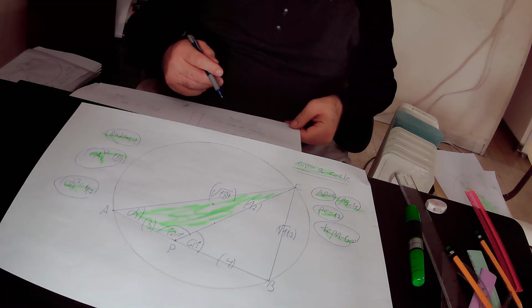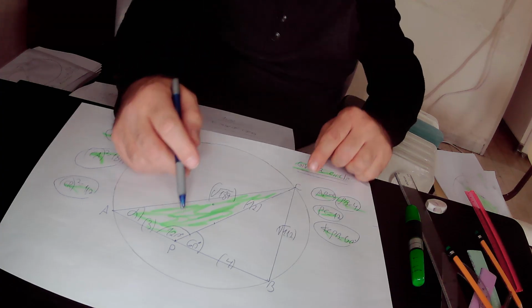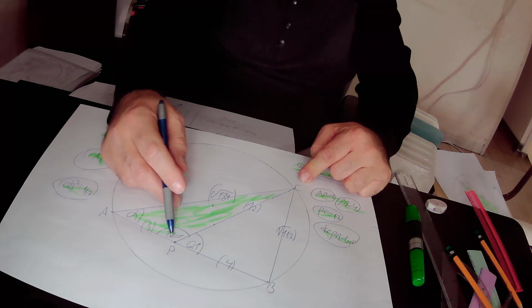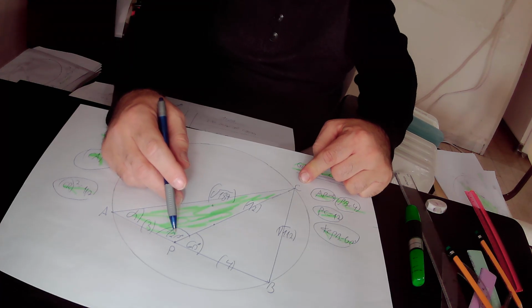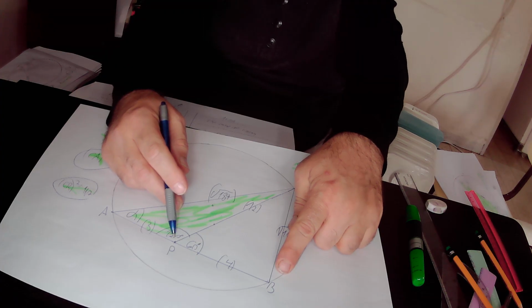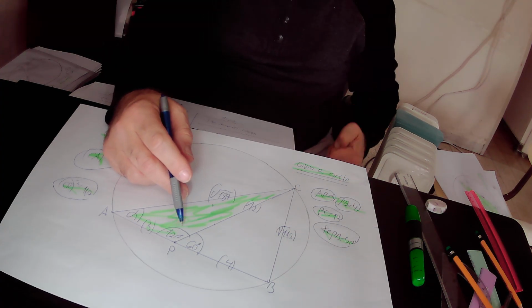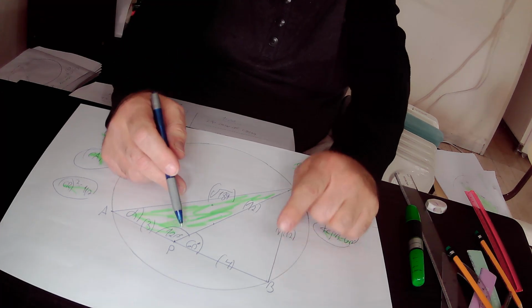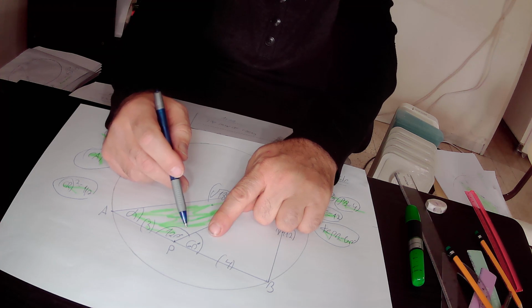So CB squared equals CP squared. CP is 12, therefore CP squared is 12 squared, that is 144, plus PB squared. PB is 4, therefore PB squared is 4 squared, that is 16. Minus 2 times CP, that is 12, times PB, that is 4, times cosine 60 degrees. Cosine 60 degrees is 1 half.